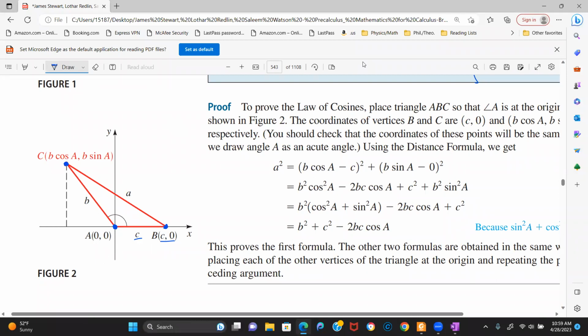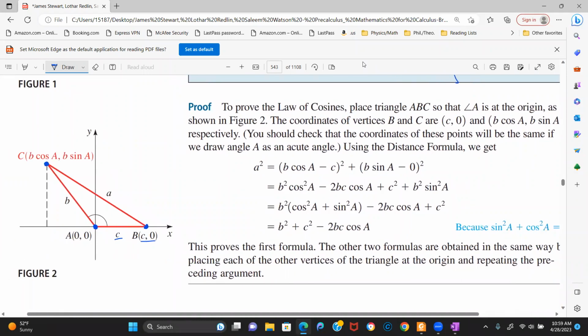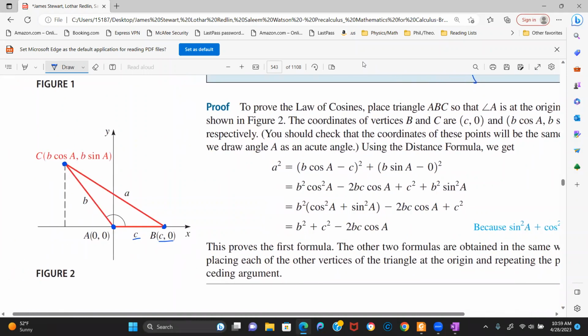Let's see. Why is that the case? Well, I guess what you could do is drop this down. I didn't actually look through this proof beforehand. You get this right triangle.